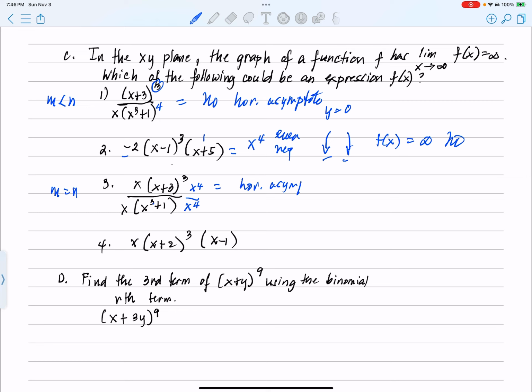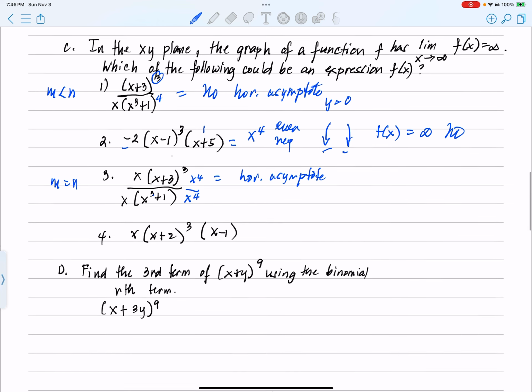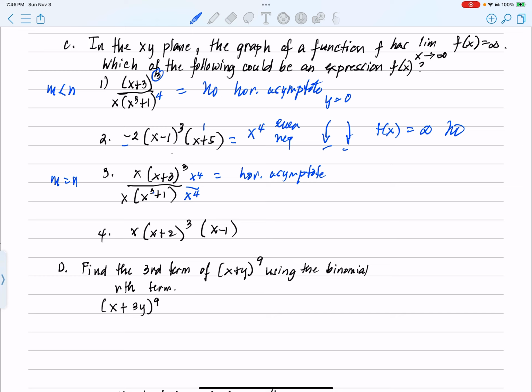When you are given a problem like this, you have to look at each choice, whether it answers the possibilities. So in a horizontal asymptote, when they are equal, you have to get the ratio of the coefficients. So our asymptote here is equal to 1, because this is 1 over 1.